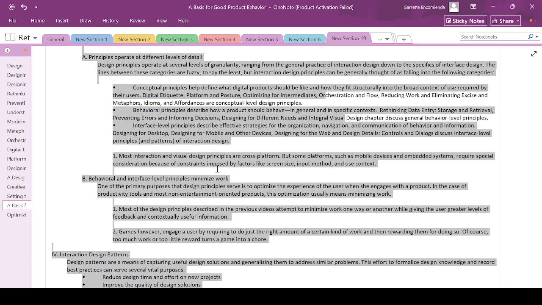Behavior principles describe how a product should behave, in general and in specific contexts. These behavior principles are rethinking data entry, storage, and retrieval.